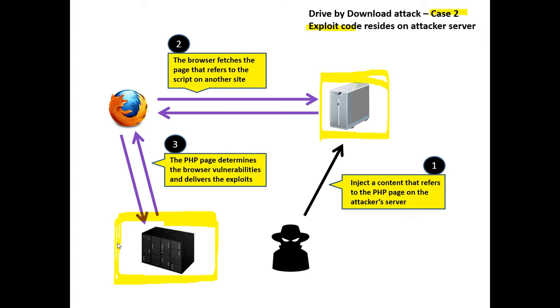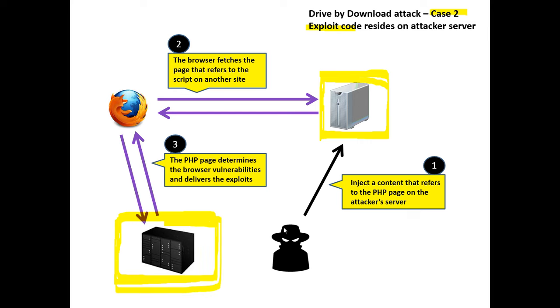The reason attackers do this is that the exploit is very huge in size, like 1000 lines of code, whereas the content to invoke that exploit is just a function call, one line of code. So only the content to invoke the exploit will be written inside the target server, whereas the entire exploit will be stored in the attacker server.